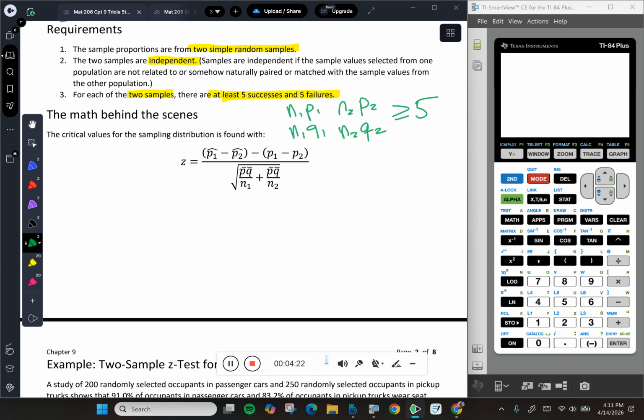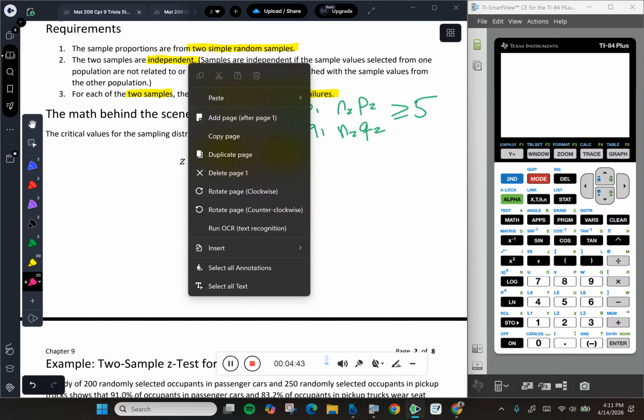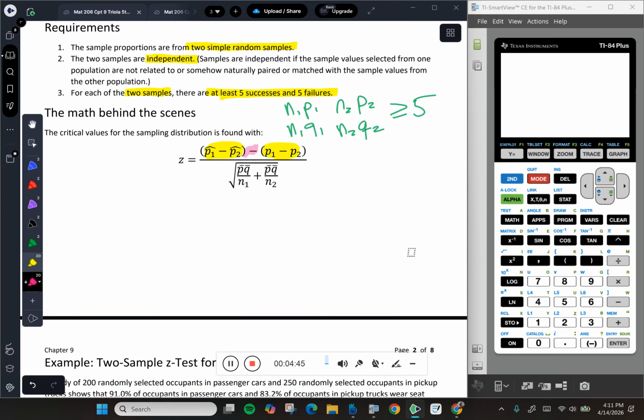How is that z-score found? Well, essentially, this is the difference between the two samples. This is the difference between the two populations. When I subtract one from the other, essentially I'm getting like an x in my numerator. Right? And then downstairs, this business with this root here is essentially finding a version of a standard deviation.